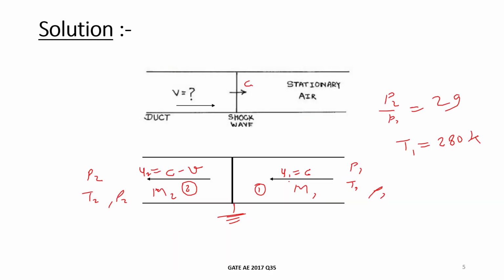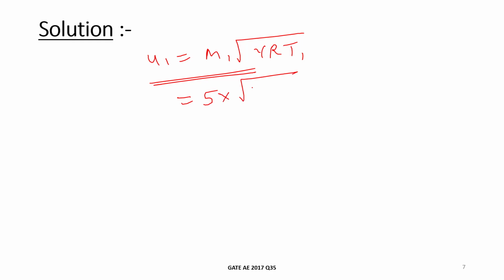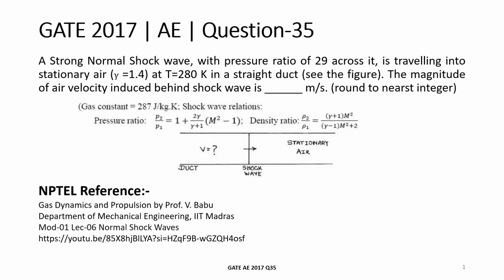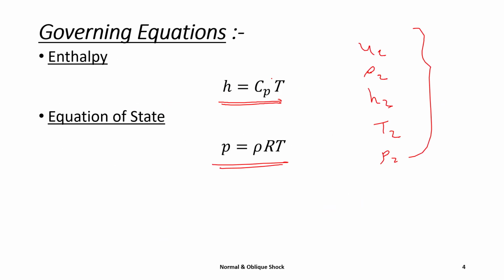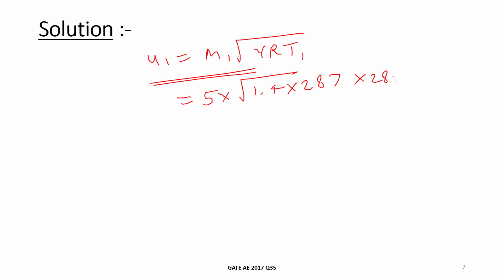So as we know M1, then what will be the u1? u1 equal to M1 under root gamma R T1. This is from definition of Mach number. So M1 is 5, gamma is 1.4, R is 287, which is given in the problem, and T is 280.